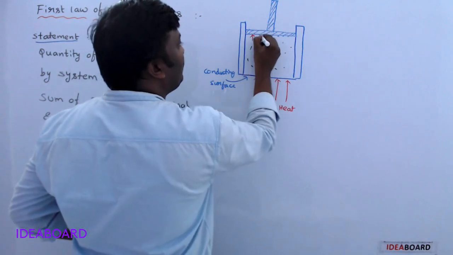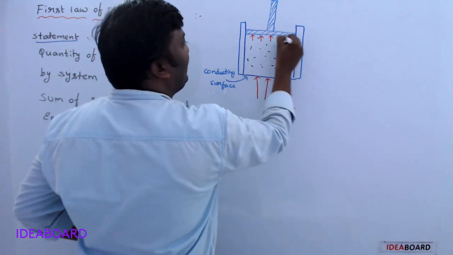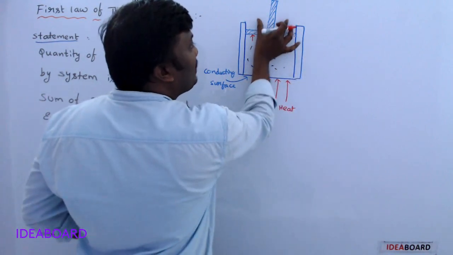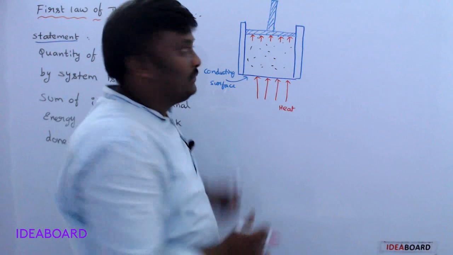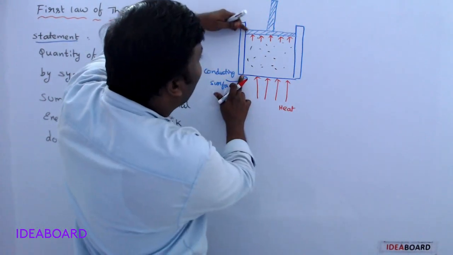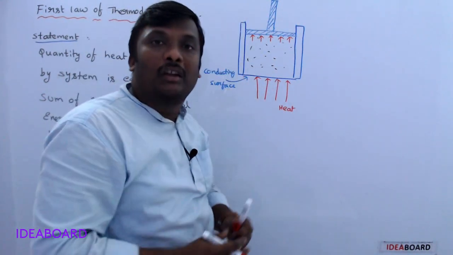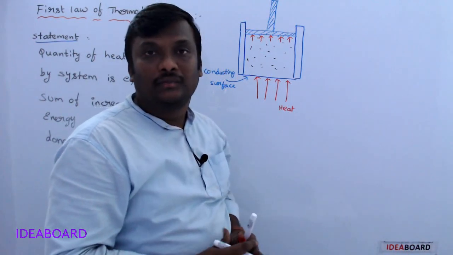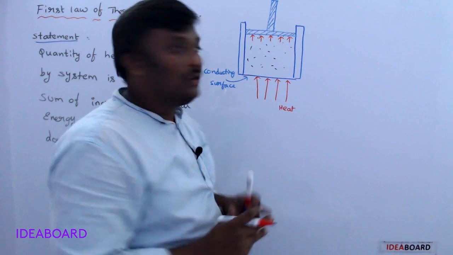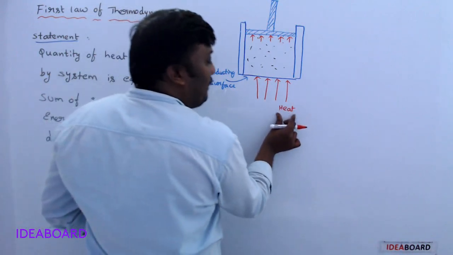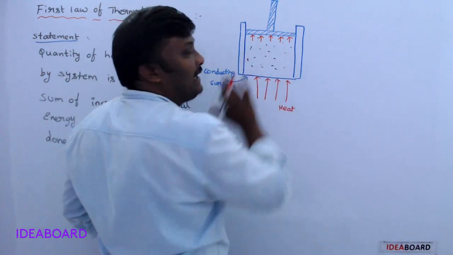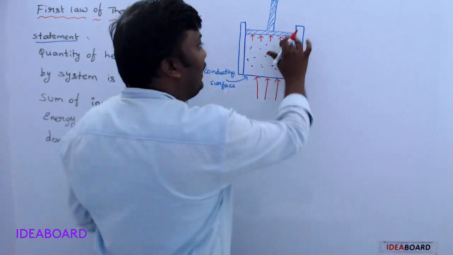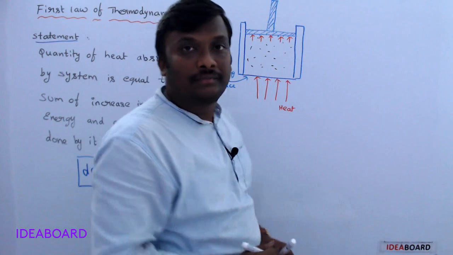Then the piston moves upwards, so the volume increases. Whenever the volume increases, work is done by the gas. So if you supply heat, temperature increases. Temperature increases means internal energy increases, and work is done by the gas.